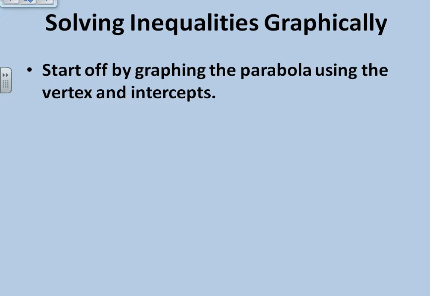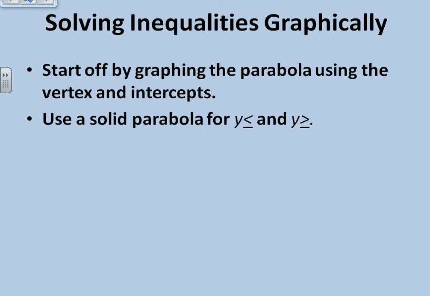To start off, we're going to graph the parabola. We'll find the vertex and the intercepts like we've talked about up to this point, and we're going to make our parabola. We'll make what we call a solid parabola, which is just a solid line like we would graph it anyway, if the inequality says y is less than or equal to, or y is greater than or equal to.